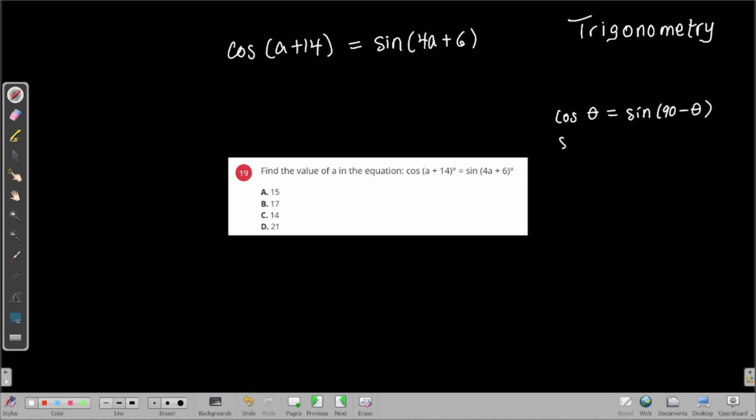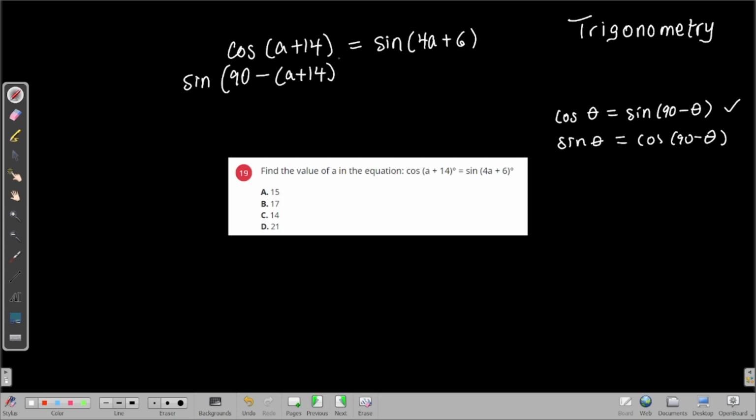You can also use sine theta is equal to cos 90 minus theta. So let's use this first one. Cos theta, our theta here is A plus 14. So you just replace it, you rewrite it as sine 90 minus A plus 14.